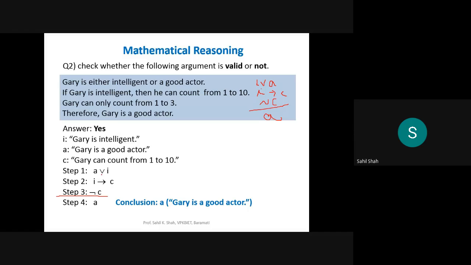By using disjunctive syllogism, first of all you need to convert this I to C into proper form. What will be the proper format of this I to C? Negation of I or C. That will be the proper form. Then using the law of disjunction, in order to have A or I as true, out of which I is false, I need to have A as true.